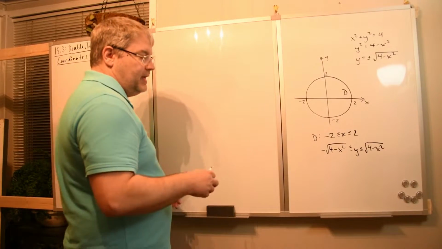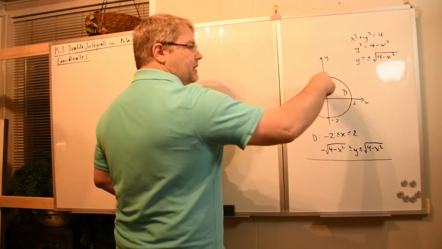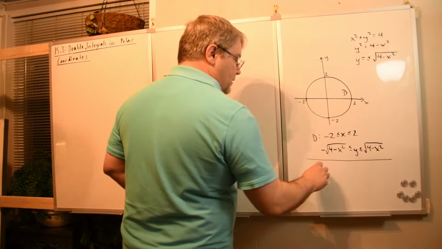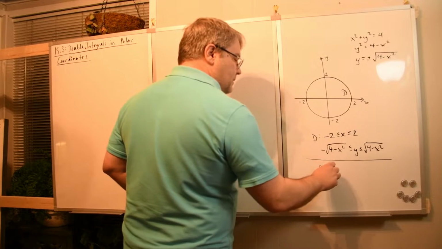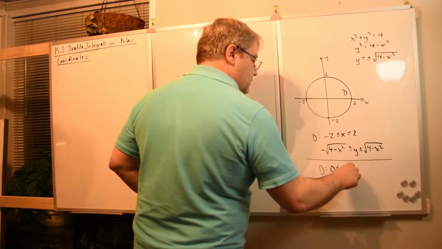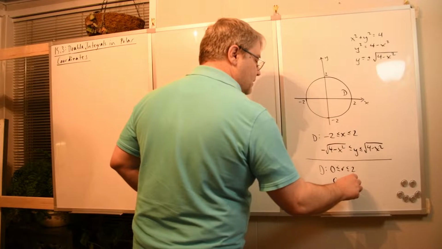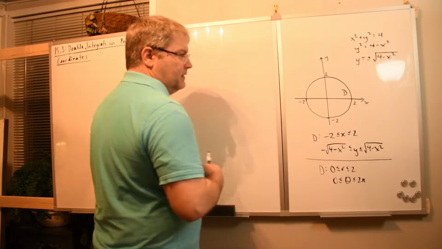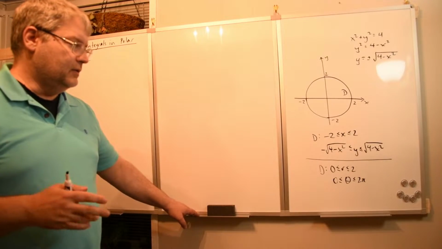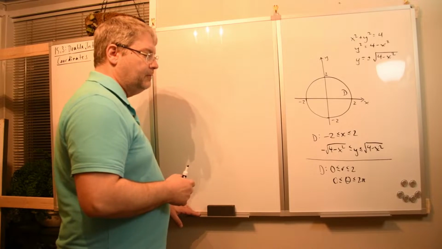So what we could do instead is say, well, if we think about representing this region in terms of polar coordinates, we could say that D is going to be described so that r ranges from 0 to 2 and theta ranges from 0 to 2 pi. Because we are doing a full revolution, and every single point that's in this region D is going to be from 0 to 2 units away from the pole.